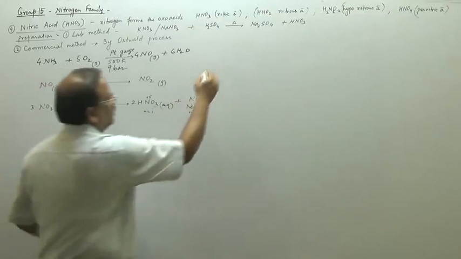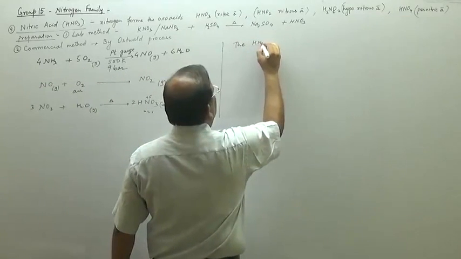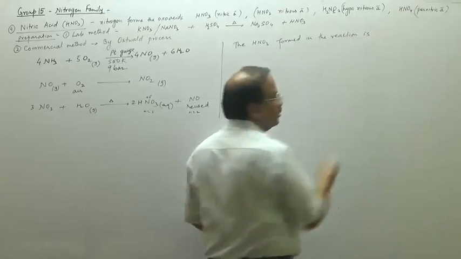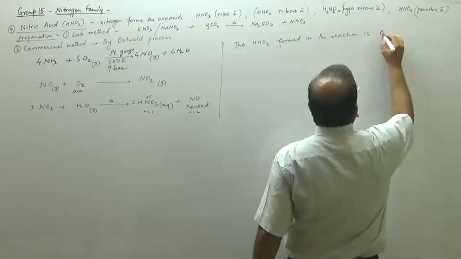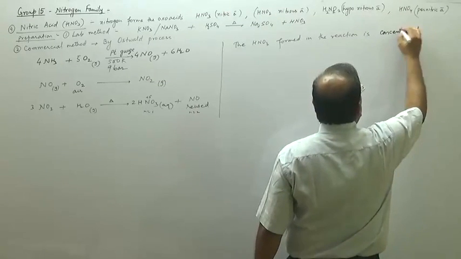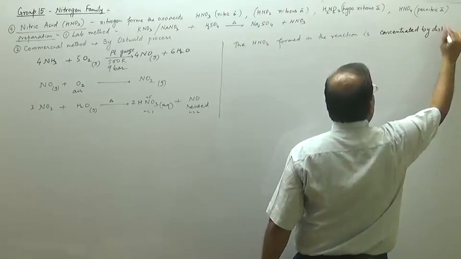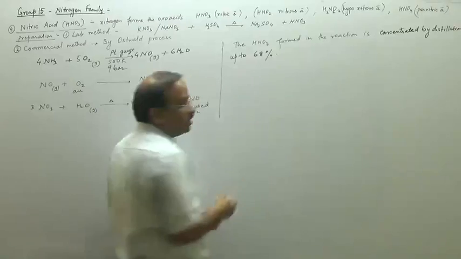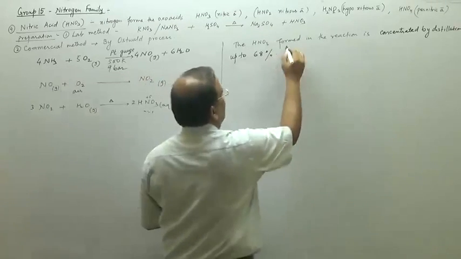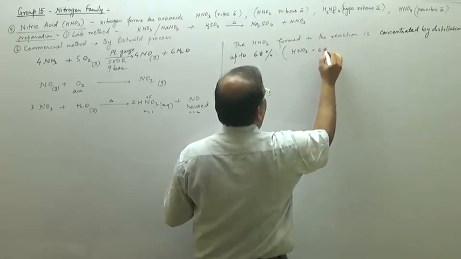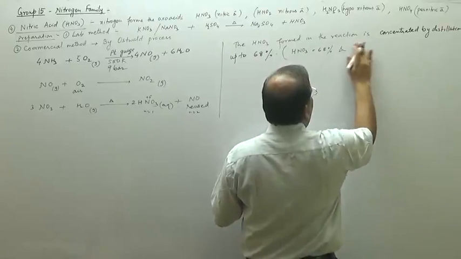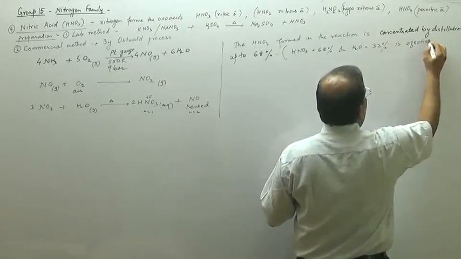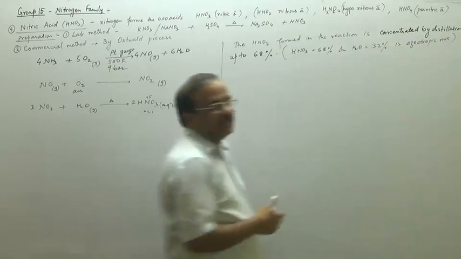So after distillation, the HNO3 formed in the reaction is concentrated by distillation up to 68%, because at 68% it forms an azeotropic mixture, that is HNO3 68% and water, H2O, 32%, an azeotropic mixture. Now it cannot be dehydrated by distillation.